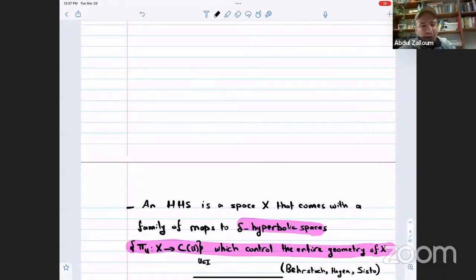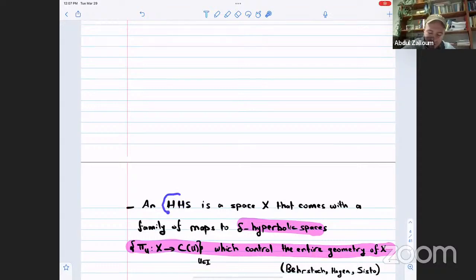Now, in essence, a space is said to be hierarchically hyperbolic. An HHS is an abbreviation for hierarchically hyperbolic space. In essence, it's a geodesic metric space X which comes with a family of projection maps to delta-hyperbolic spaces. So here I have a family of projections to a collection of hyperbolic spaces, and this is the index set indexing the hyperbolic spaces.